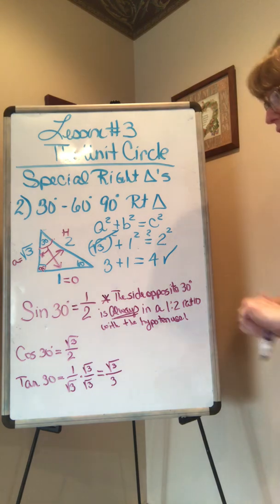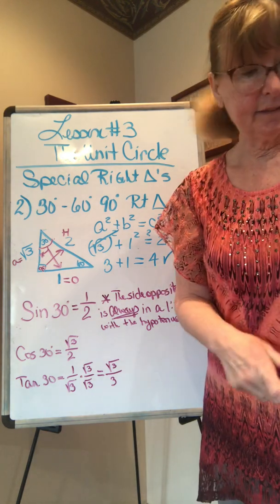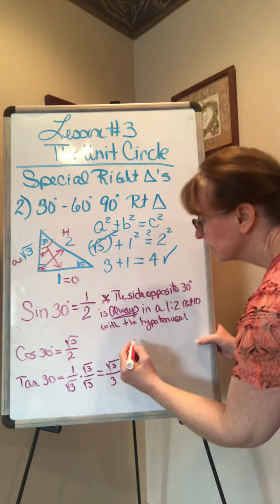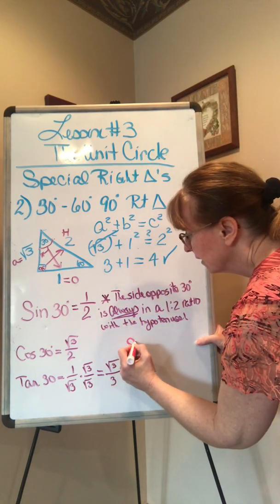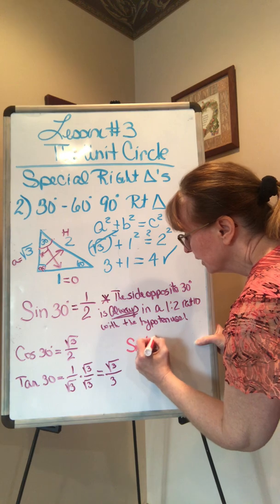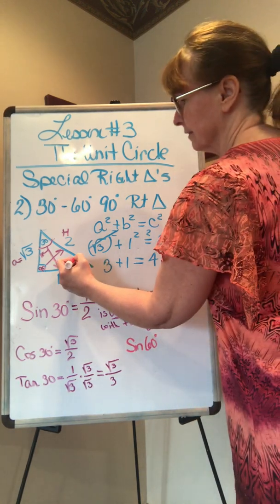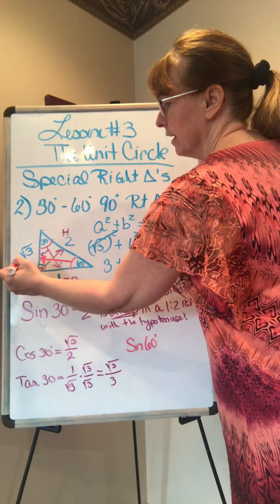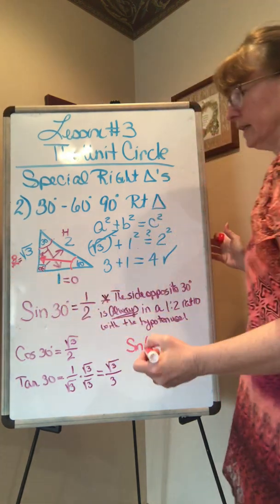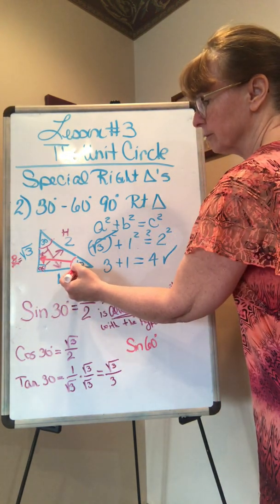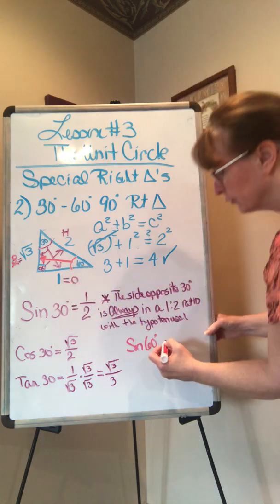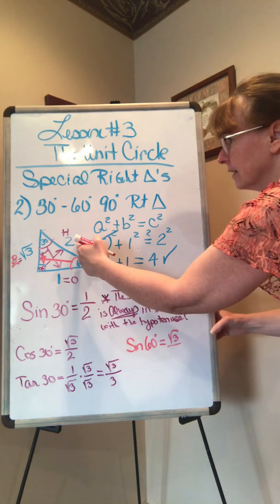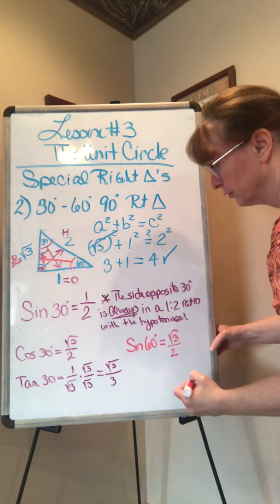Let's take a look at the 60 degree angle. I'll use red now. If I wanted the sine of the 60 degrees, well, here's my 60. Now, the opposite side is rad 3 because now I'm going from 60's perspective. So my opposite is rad 3, still the same hypotenuse.